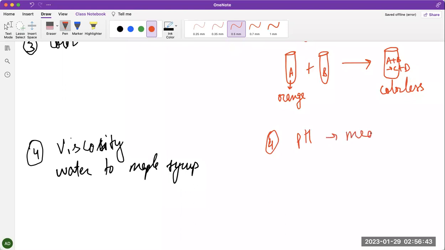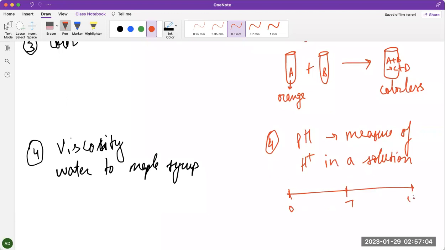We'll learn this later on when you study acid and base, but for right now, pH is basically the measure of the H ions in a solution. The more H ions present in a solution, the more acidic that solution will be. And then on the pH scale, at the center we call it 7, here it's 0, here it's 14. So the low pH is considered acidic, and the high pH is considered basic.